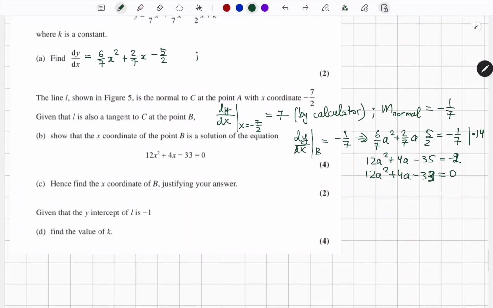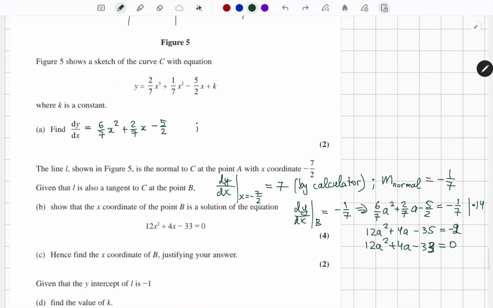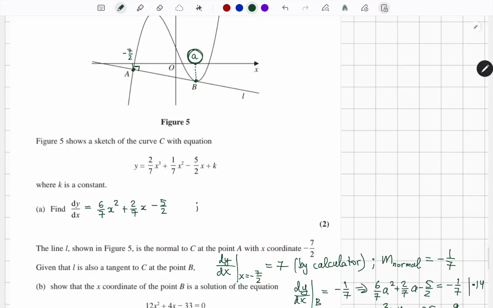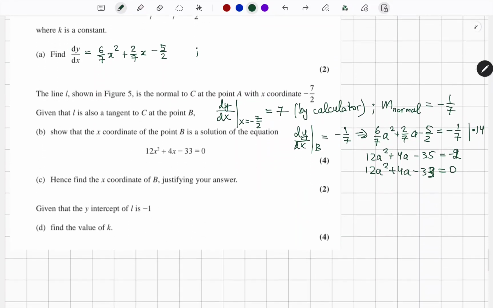Hence, find the x-coordinate of B, justifying your answer. Okay, so I see that a, the x-coordinate of B, is a positive number. So this will allow me to distinguish between the two roots of the quadratic equation. I use my calculator, so I don't want to solve the quadratic using factorization or the quadratic formula.